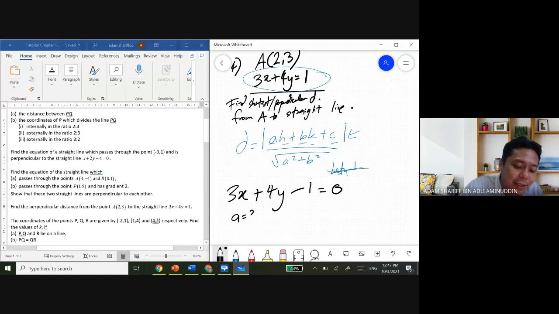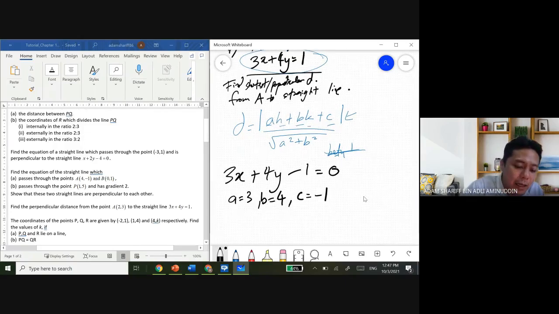Therefore A is 3, B is 4, C is negative 1. You must change into the form of AX plus BY plus C equals to 0. If not, you will be wrong here. Nilai A, B dengan C tu kena jaga. Okay.